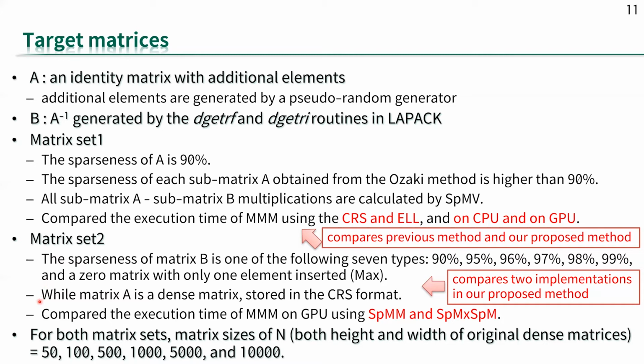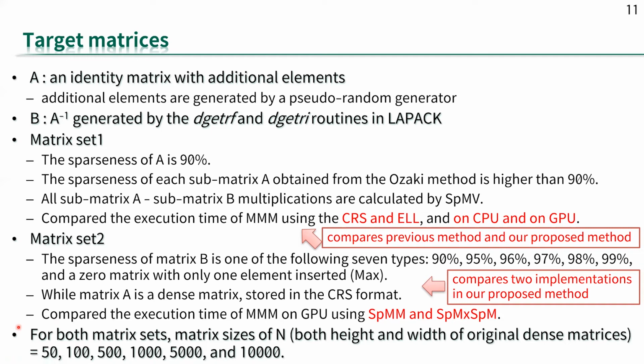While matrix A is a dense matrix, it is stored in the CRS format. In this matrix set, execution time of matrix multiplication on GPU using SpMM and SpM are compared. This means a comparison of two implementations in our proposed method.